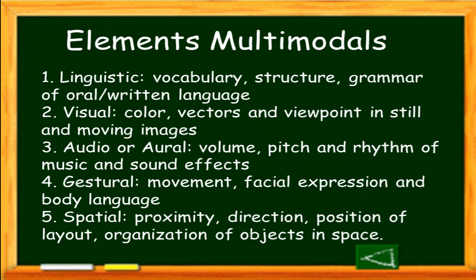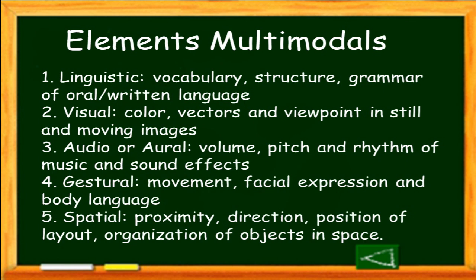But before we end up our lesson for today, let us have a recap on our discussion. Remember that we have elements of multimodals. Number 1, linguistic. Vocabulary, structure, grammar of oral or written language. Number 2, visual. It is the color, vectors, and viewpoint in still and moving images.